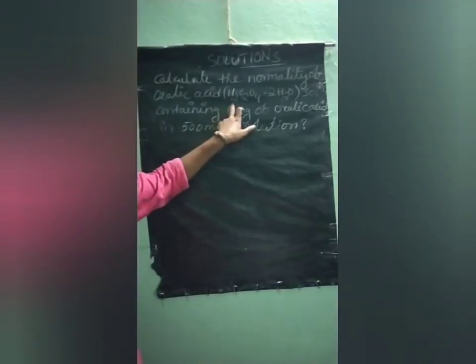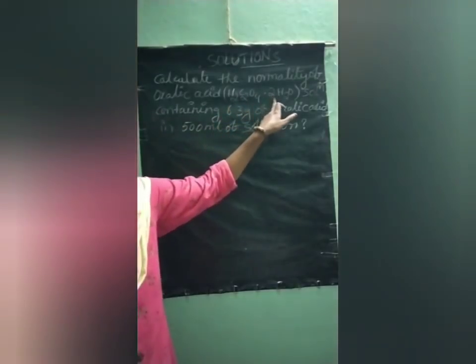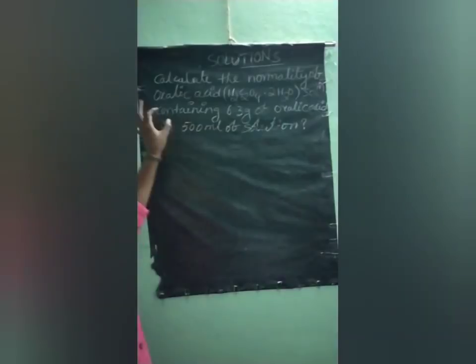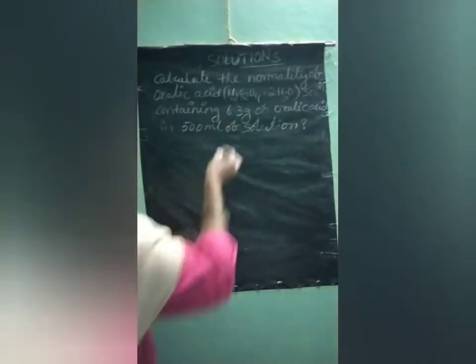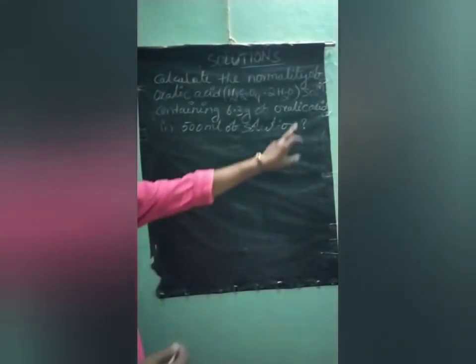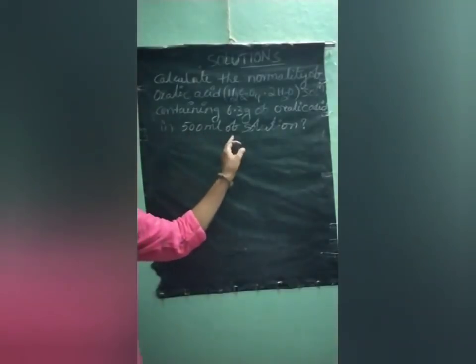This is the normality problem. Calculate the normality of oxalic acid. The molecular formula for oxalic acid is H2C2O4·2H2O. The solution contains 6.3 grams of oxalic acid in 500 ml of solution.